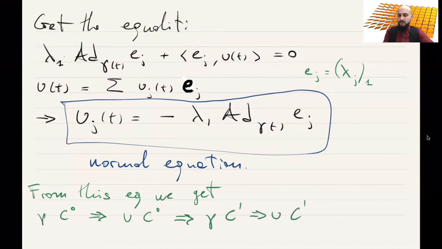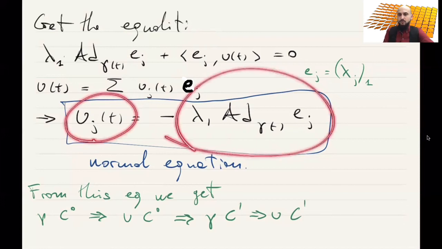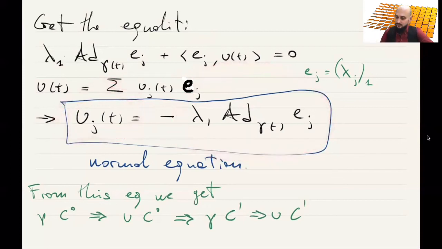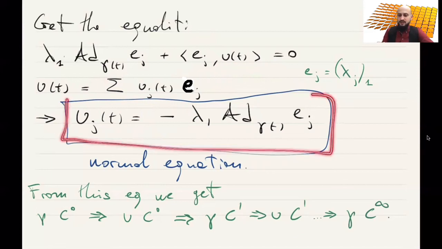Because you're linking the derivative with the function, the only functions for which the derivative has the same regularity as the function itself are the C infinity functions. So this implies that gamma is a C infinity curve. The curves satisfying this equation are called normal curves.